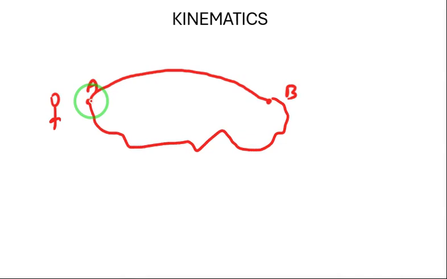You are reaching point B. This is one path. And one more path, you are traveling from A to B like in this path. In this path you are traveling. And next time you are traveling in this path, directly you are going to point B.